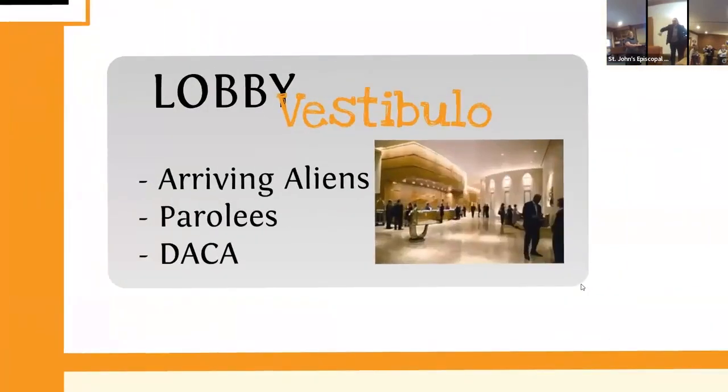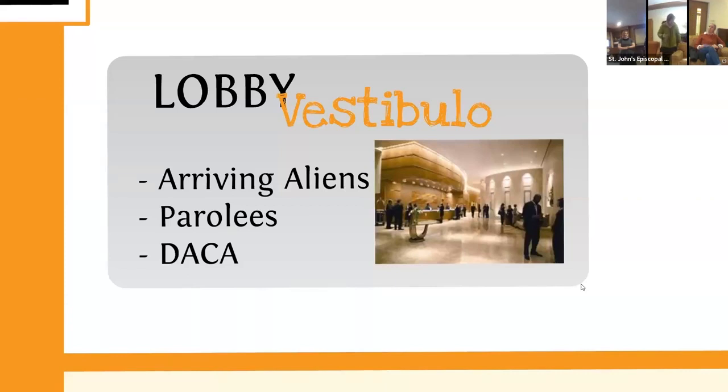Okay, so we're going back down to not quite the bottom, but the bottom where you walk in, the lobby. These are people who might be coming in at the border, arriving aliens, parolees, which is a status a lot of people don't know about. Right now there are Afghan and Ukrainian parolees, which means they have a temporary authorization.